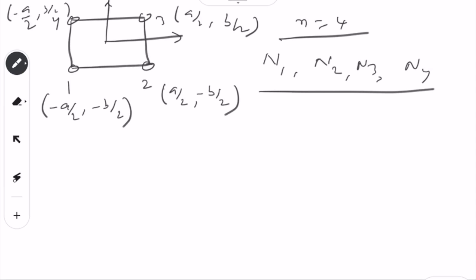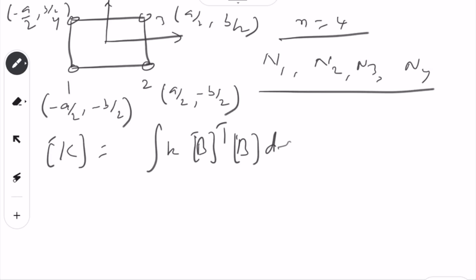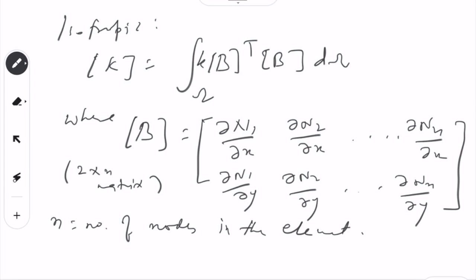We can find out, say k11. We know that K is given by this small k and the integral of B transpose B d omega, where B is given like that. B transpose is n by 2, so B transpose B becomes n by n.